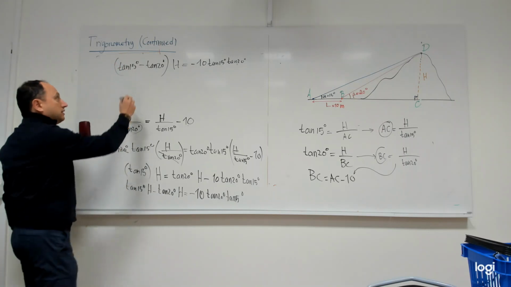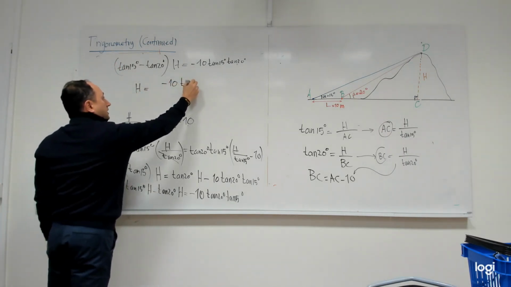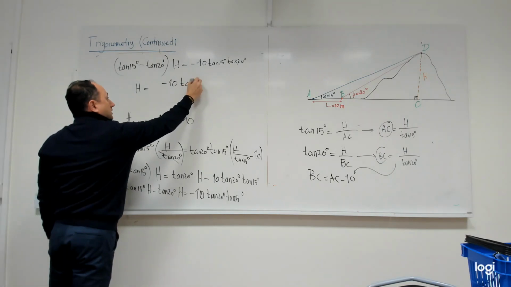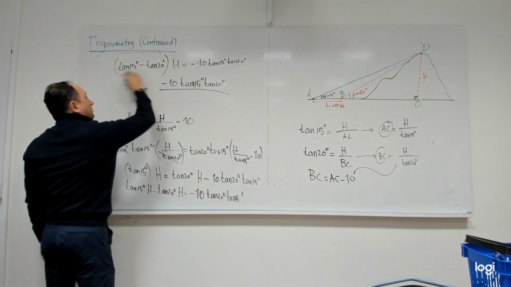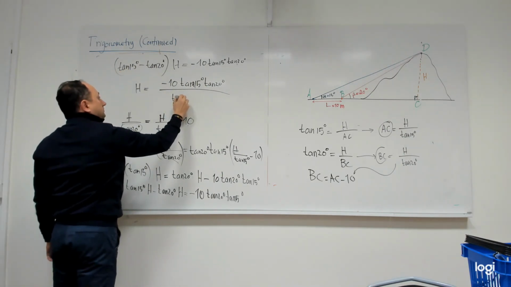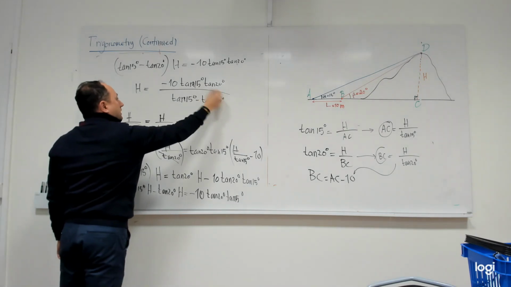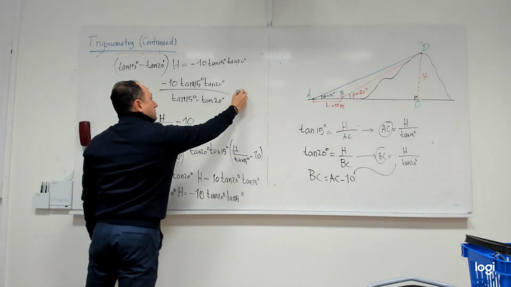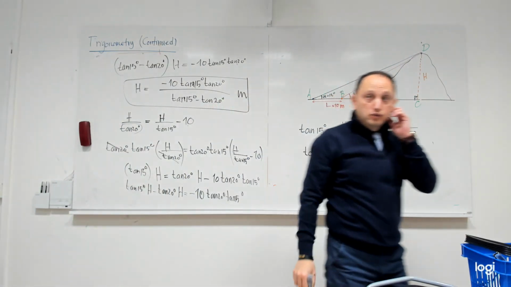I divide that, it becomes minus 10 tangent of 15 tangent of 20 divided by this number, tangent of 15 minus tangent of 20. And then you write meters in front. This is the exact answer that you find.